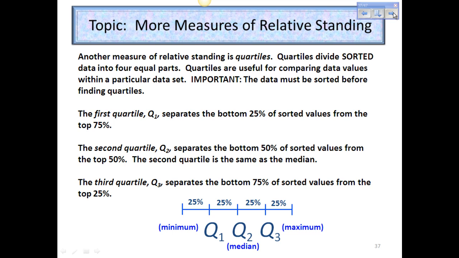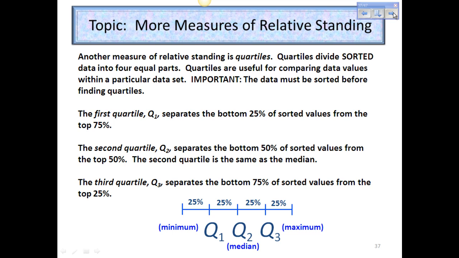The second quartile, Q2, separates the bottom 50% of the sorted values from the top 50%. And the second quartile is also the same as the median. The third quartile, Q3, separates the bottom 75% of sorted values from the top 25% of the sorted values.